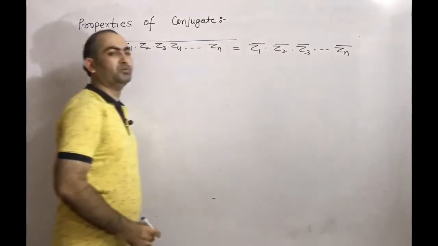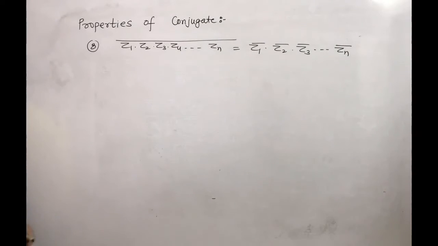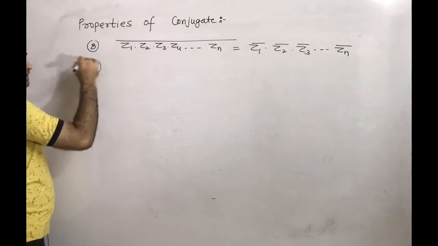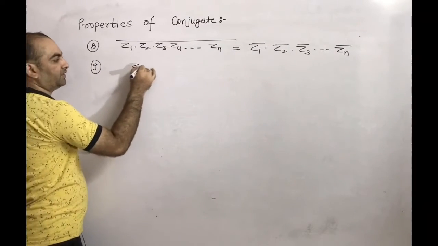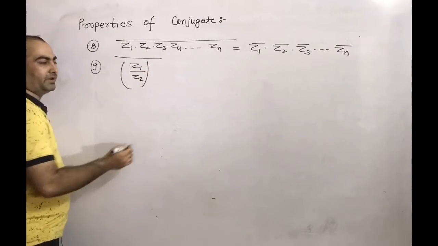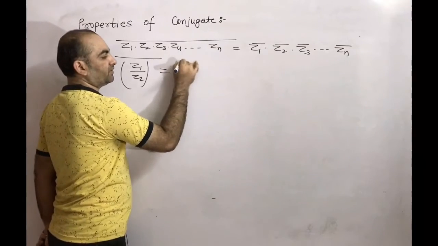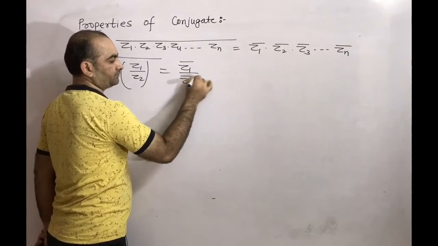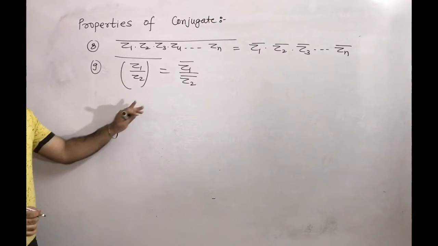Okay, this one proof we will do later. Next property is what? Property number 9. In this one, if we have z1 by z2 and if we take the conjugate of this one, so here also we can separate as z1 bar divided by z2 bar. Okay, this one proof also we will do later.